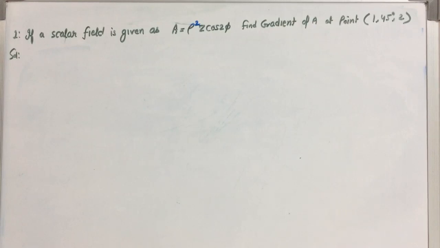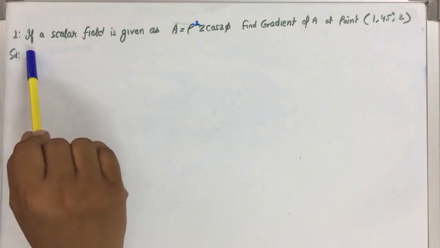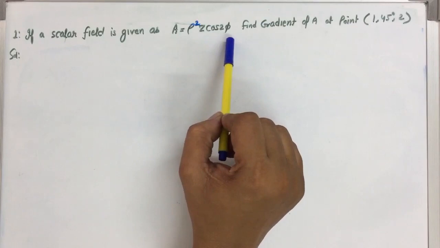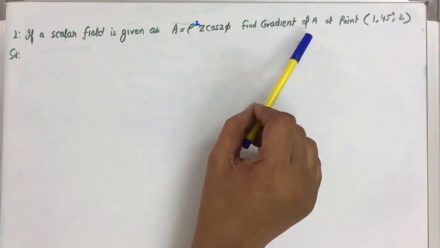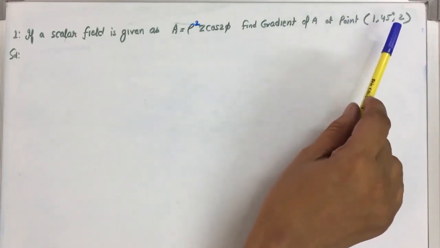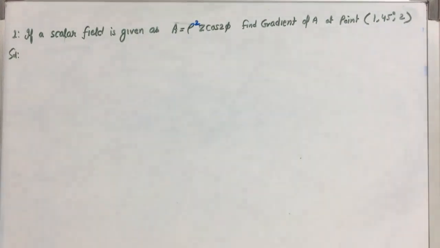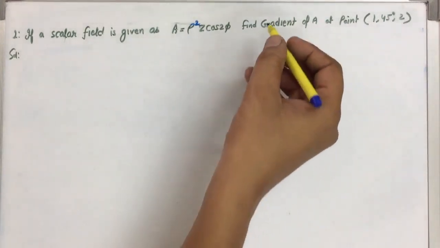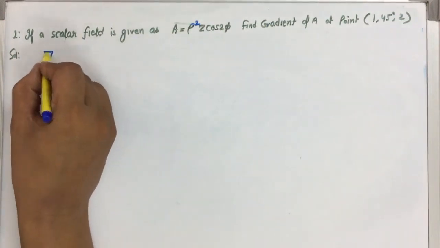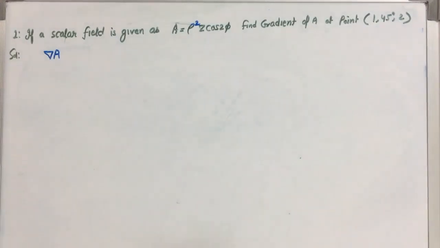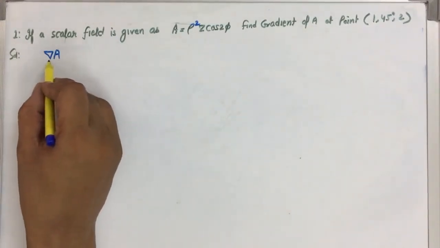So now let us solve some numericals based on the differential operators in different coordinate systems. Let us start from the first problem: if a scalar field is given as rho square z cos 2 phi, find the gradient of the field at the point 1, 45 degree and 2. So this is the point. After seeing the problem, the first thing we should write is the gradient of any field A, written like that.